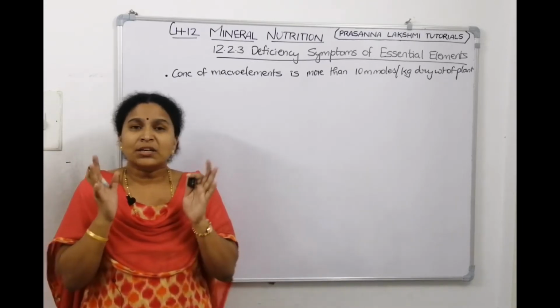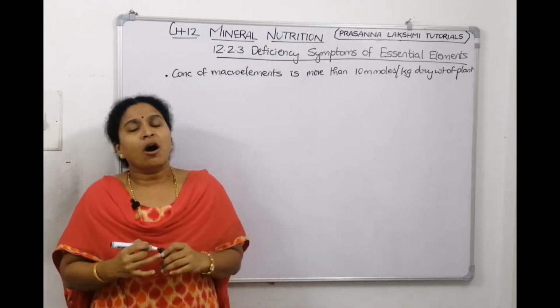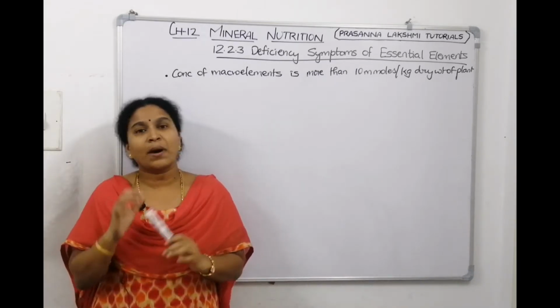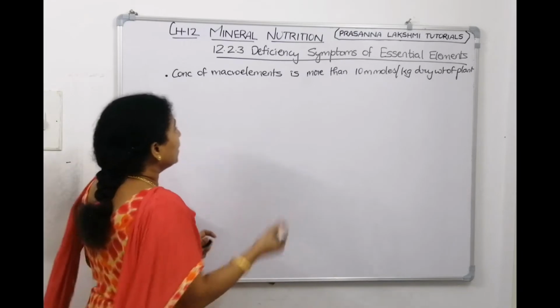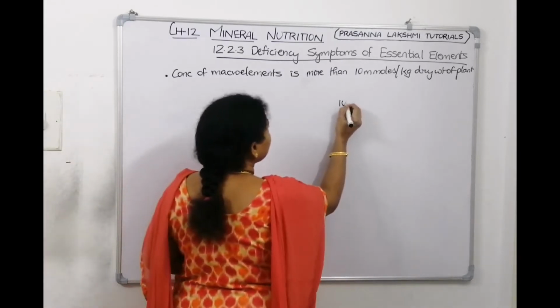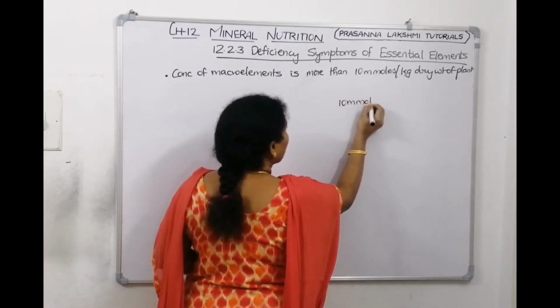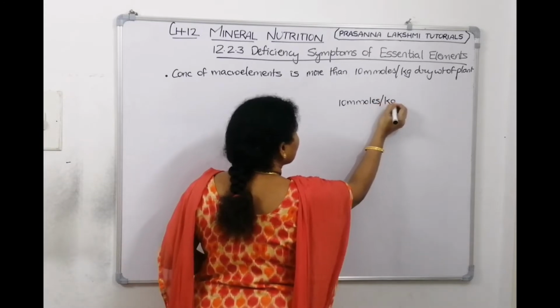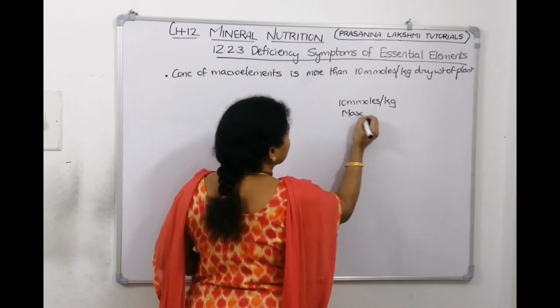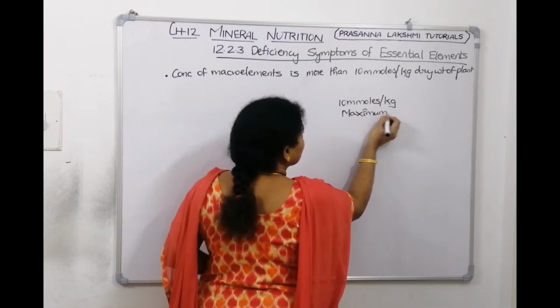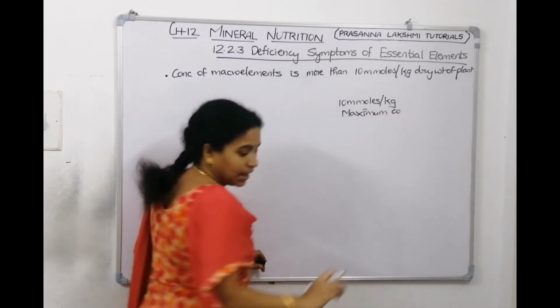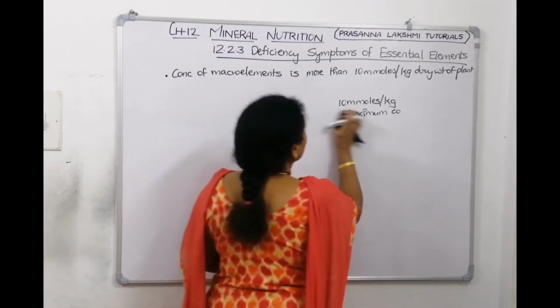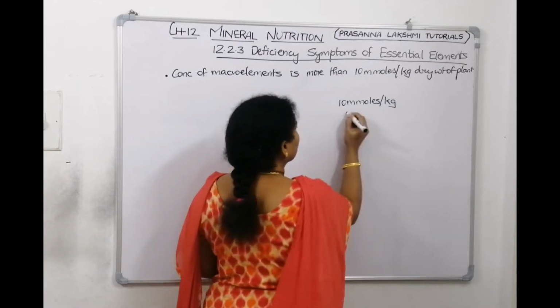In that, what is the optimal concentration? Optimal concentration means the required concentration. For example, 10 millimoles per kg is the optimal concentration, right?